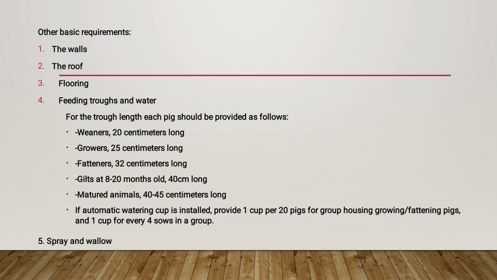And for matured animals, 40 to 45 centimeters long. But, yan ay kailangan per pig ha. Like, kung meron tayong weaners na 20, edi 20 times 20. So, yun yung kailangan nating i-provide. Then, if automatic watering cup is installed, provide 1 cup per 20 pigs for group housing, growing fattening pigs, and 1 cup for every sows in a group.